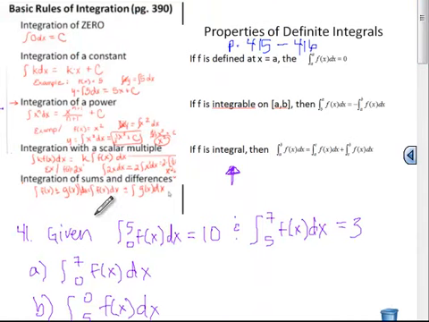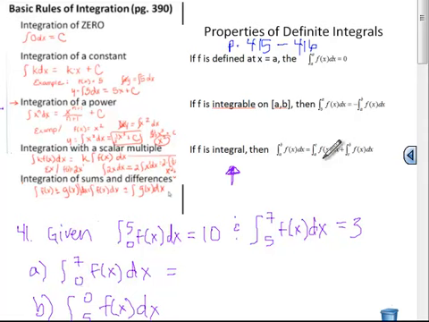Given that information, I only have these two known definite integrals, which have already been evaluated for us. Now they're saying, let's put some of these properties together and find the integral from 0 to 7.